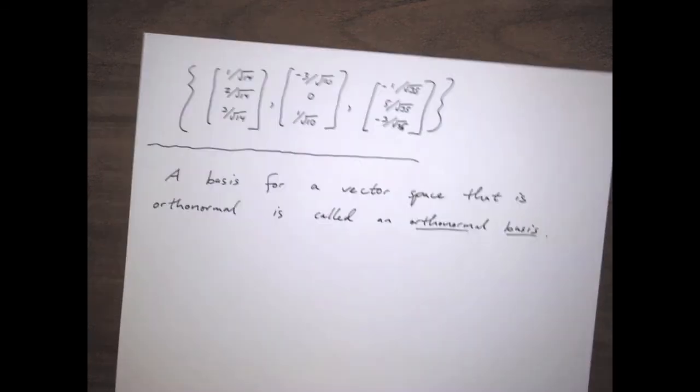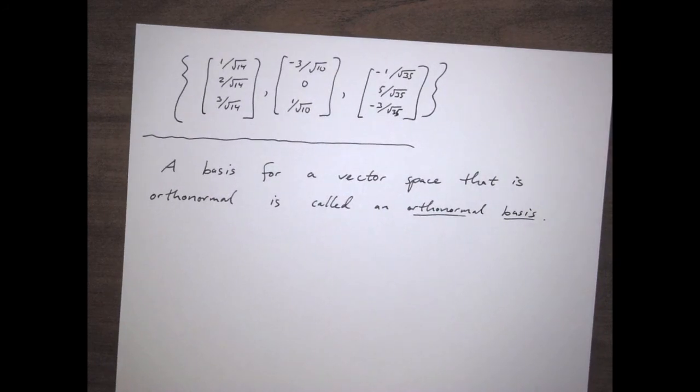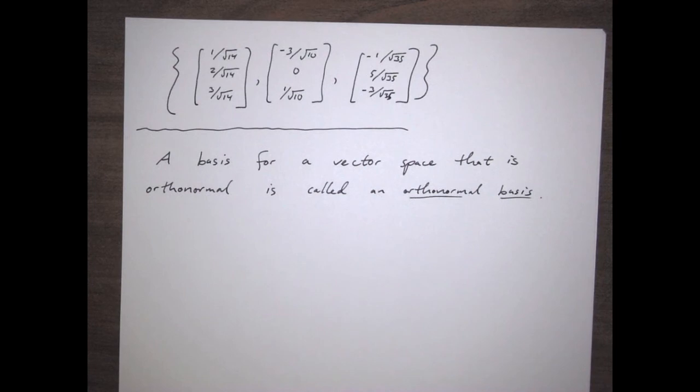And it'll be a useful thing we will discover. So this set right up here that we just found would be called an orthonormal basis for R3.